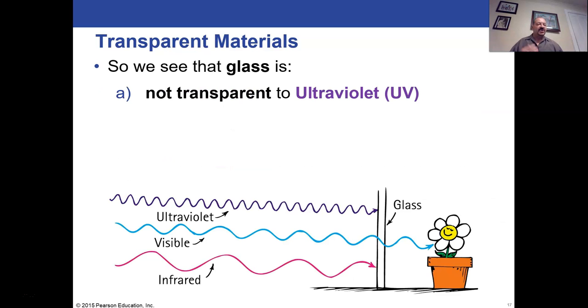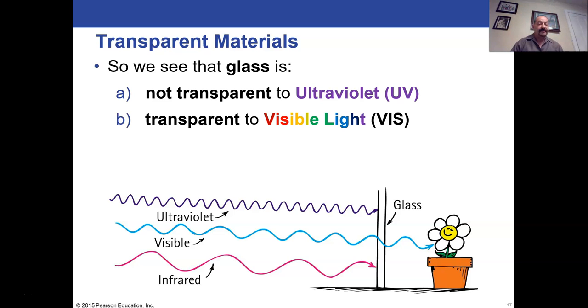All right, so just to review, glass is not transparent to ultraviolet. Ultraviolet is high enough energy to excite those electrons into the next level, so the glass electrons get excited to the next energy state, and then eventually it's released as heat slowly.